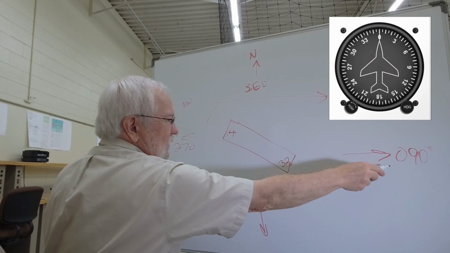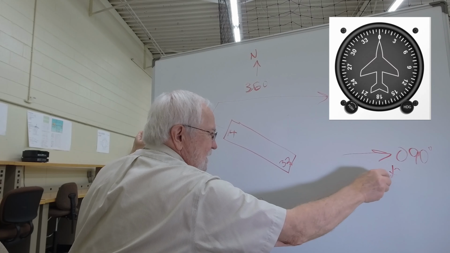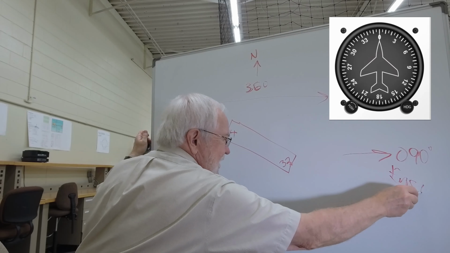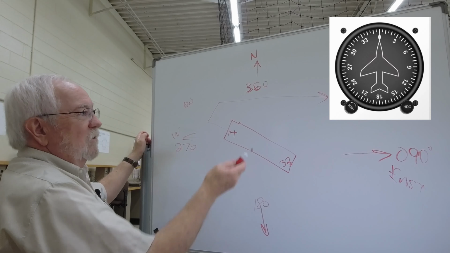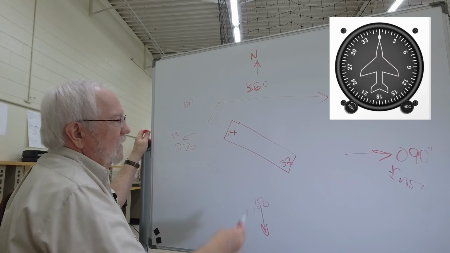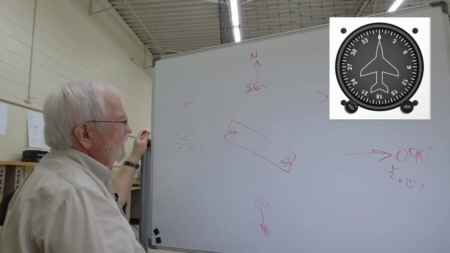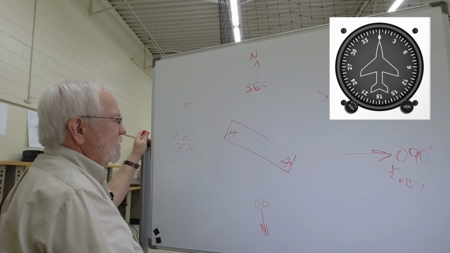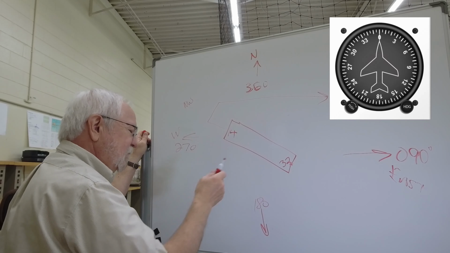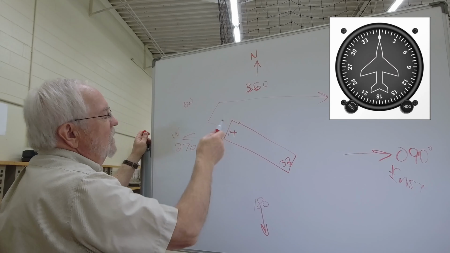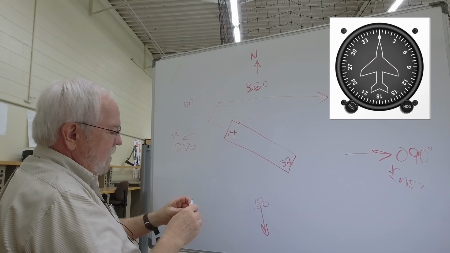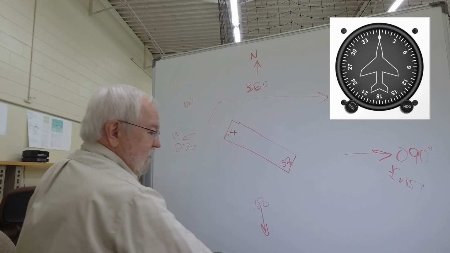That's east, 090. So we know his intentions. Likely he'll be climbing because he's going to go over the top of Griffin. Let's hope he continues to climb. But those are the kind of things that you'll be able to listen to and orient yourself to where the manned aircraft might be.